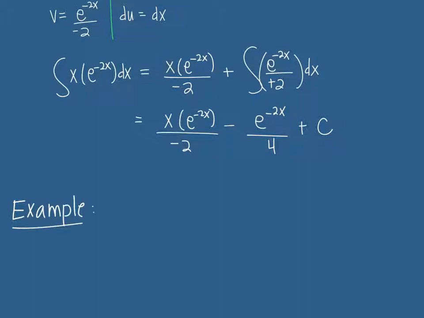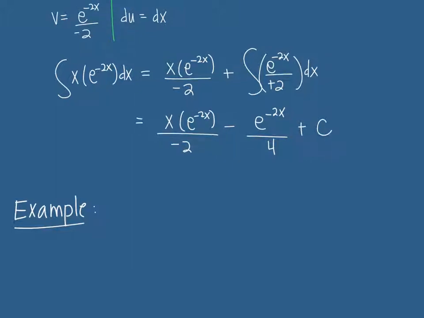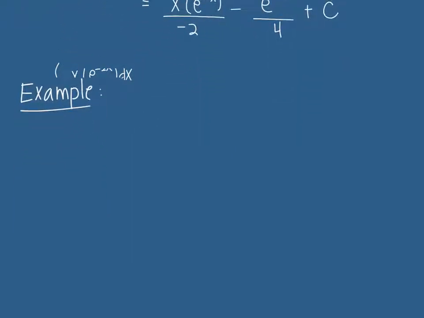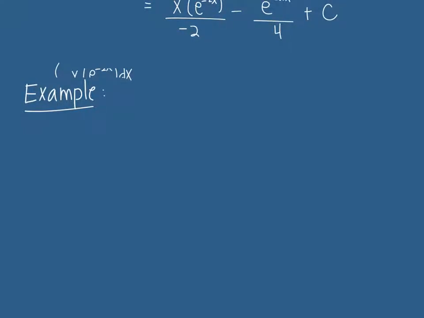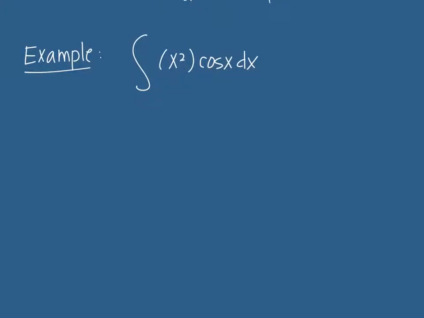So in both of the cases right here, when I got to my second integral form, what was I able to do with that second integral? I could solve it. What if I can't? Then you've got to do it again. Okay, so x squared cos x dx, a product, which needs integration by parts.